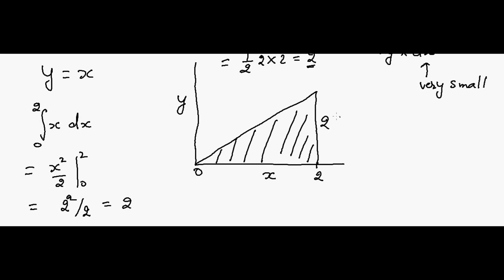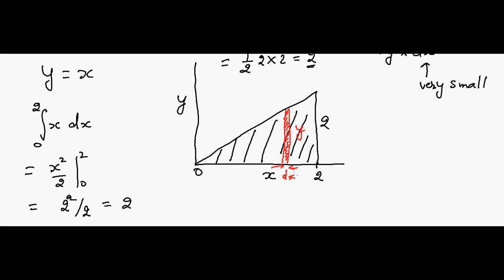If you look at the integral, suppose I have a line here. In that case this is called dx and this is y, right? So if I calculate the area, I have to calculate the area of the strip.